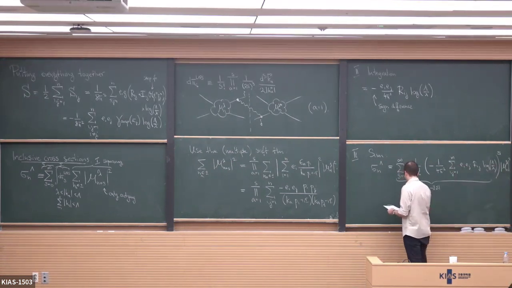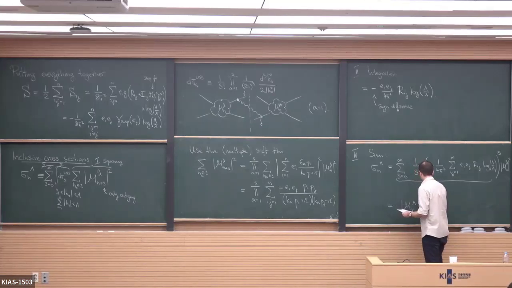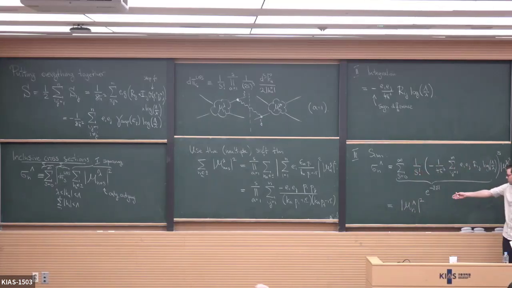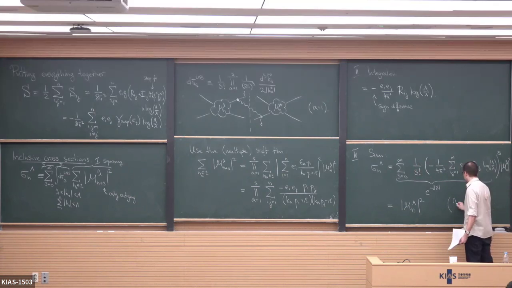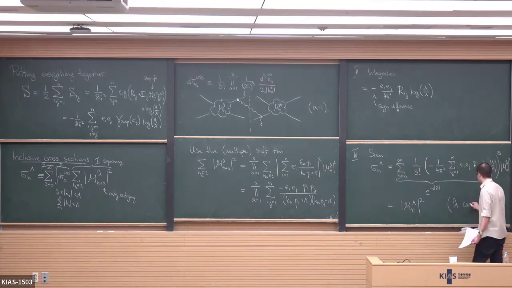So what this means is that ultimately the inclusive cross-section is just the original amplitude with the cutoff capital lambda, all squared, and all the dependence on the lowercase lambda cancels out.